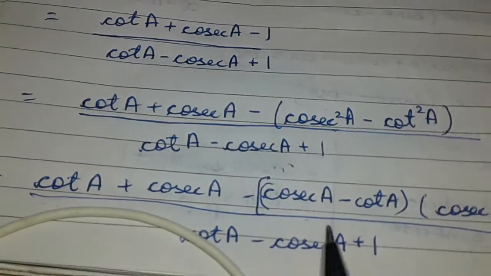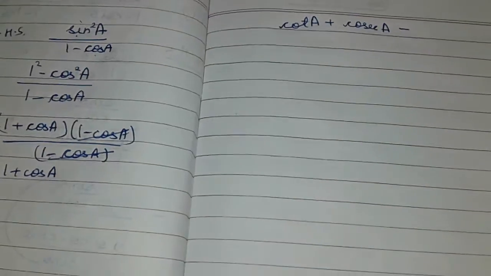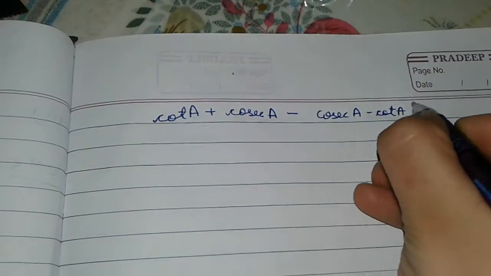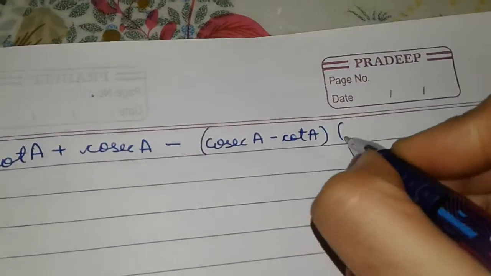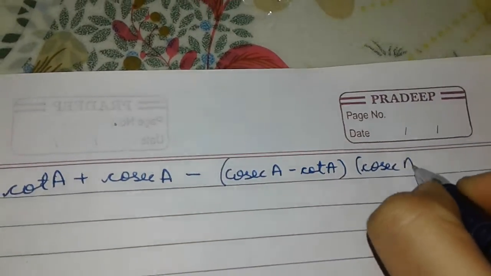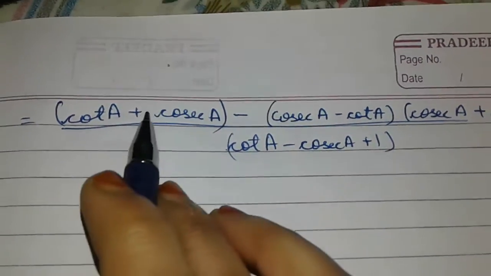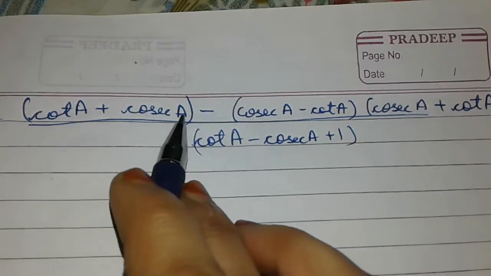Now look here. Okay, let's take this step also. It will be cosec A minus cot A in bracket and cosec A plus cot A. Now this cot A plus cosec A will also come in bracket. Do these terms in bracket.